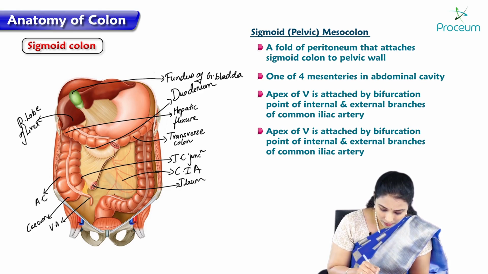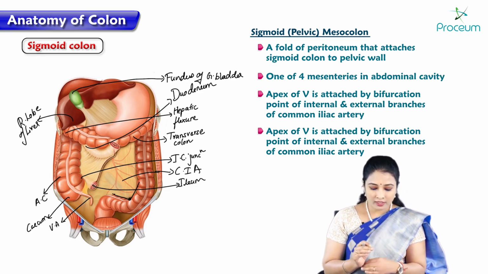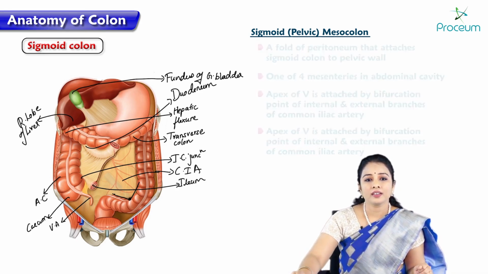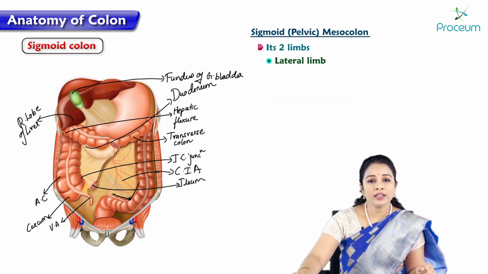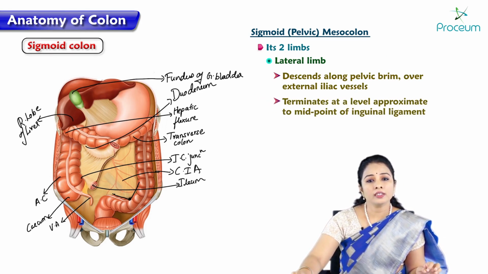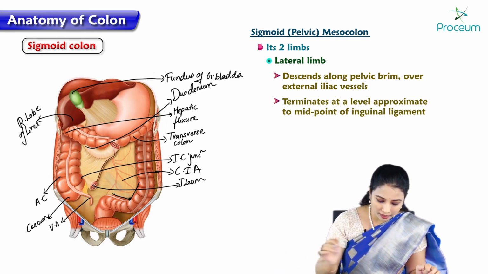So, the apex of V is at the junction of bifurcation of common iliac artery, and it has two limbs. The lateral limb descends along the pelvic brim over the external iliac vessels and terminates at the level approximately to the midpoint of inguinal ligament.